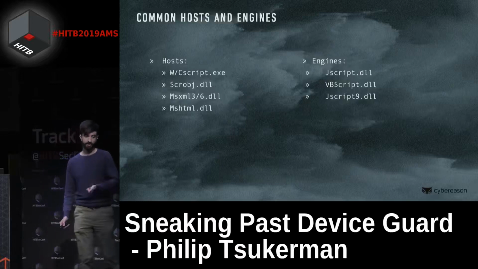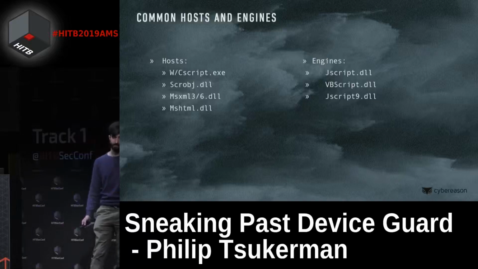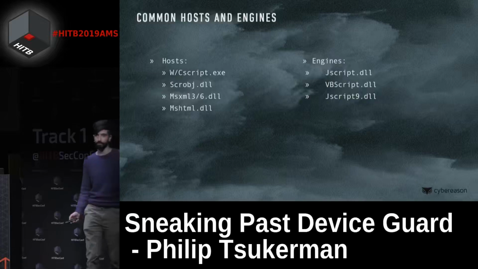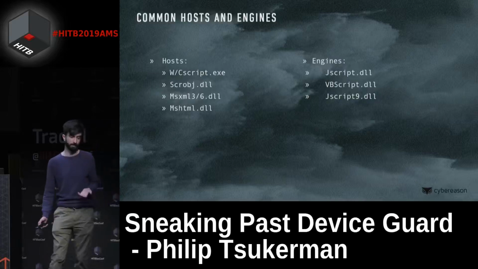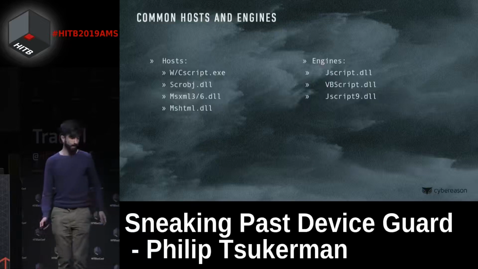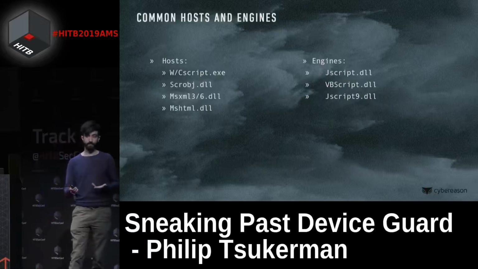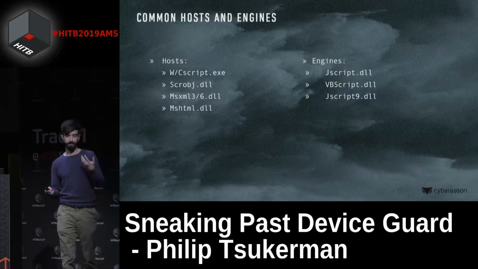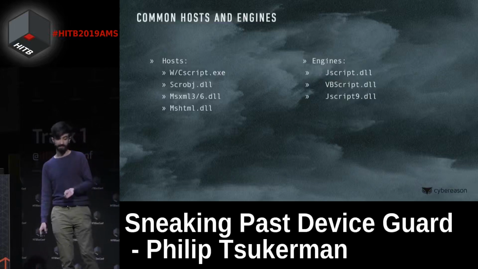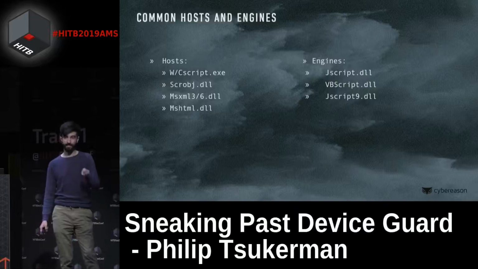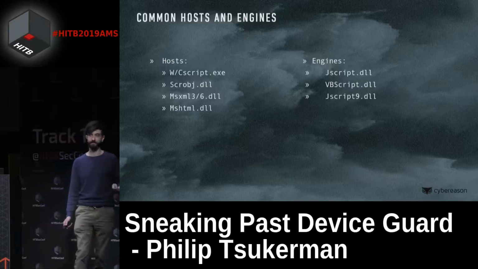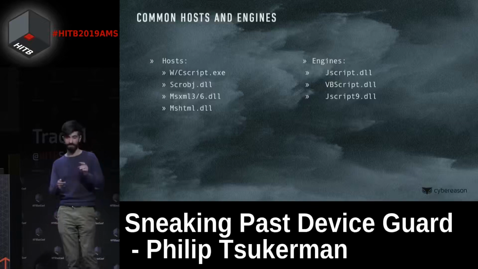And on the engine side, we have JScript, which is JavaScript, VBScript, and JScript9.dll, which is also JavaScript, because we need multiple implementations of JavaScript, of course. And the way that ActiveScript works is that, at least in theory, any scripting engine compliant with ActiveScript should be able to work with every single one of the hosts, because they only communicate via these interfaces. So you can basically just mix and match.